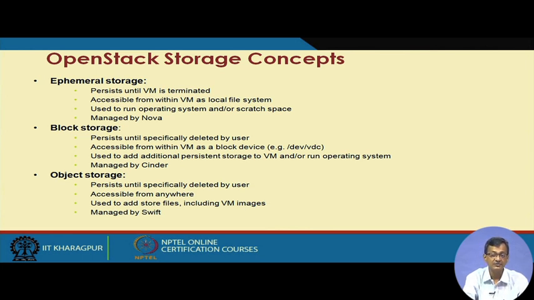So, once the VM is terminated, it also goes off. It is primarily used to run the operating system, which is loaded as and when required, and can also be used as cache space, and it is managed by Nova that we have seen.